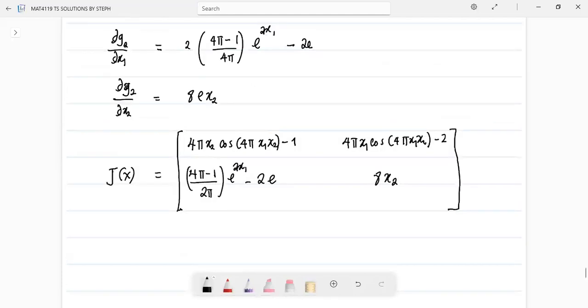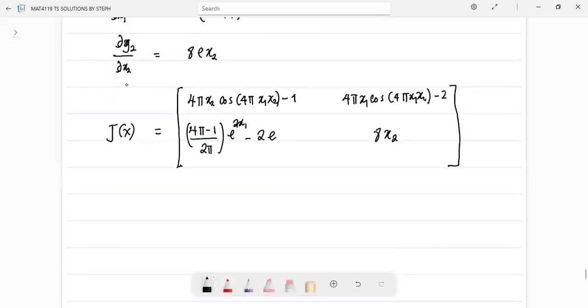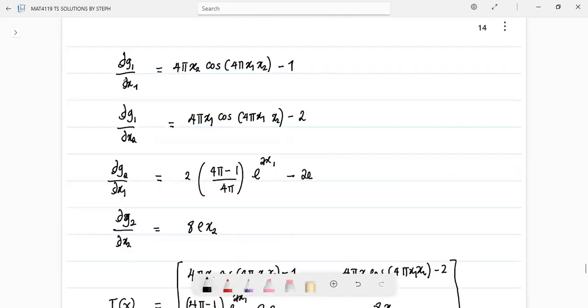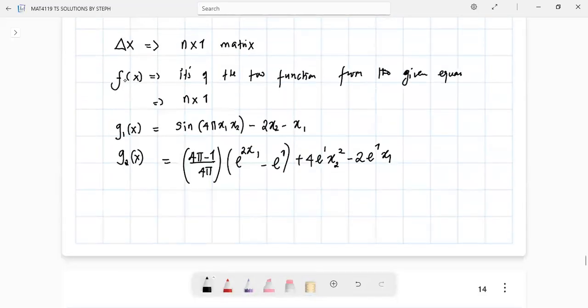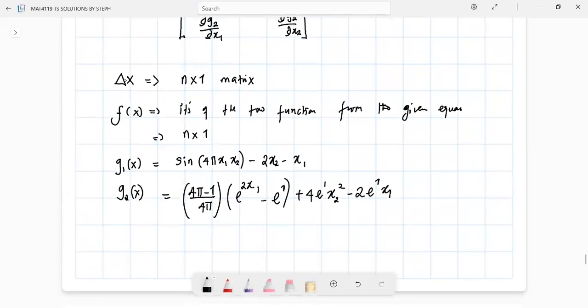Now what do we do next? Also our f of x. Our f of x simply contains the two functions, the two equations, g1 of x and g2 of x.